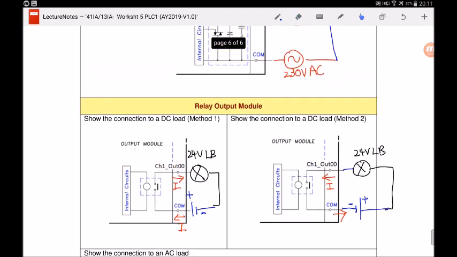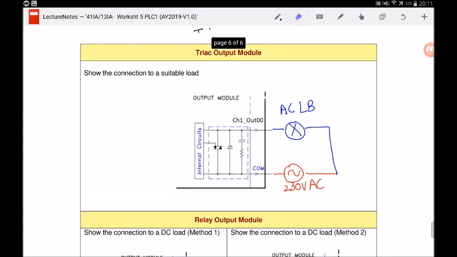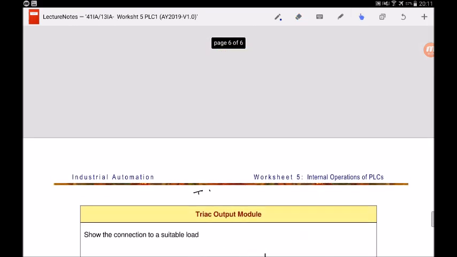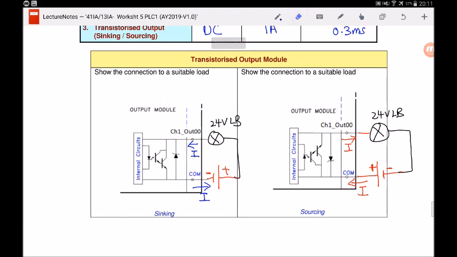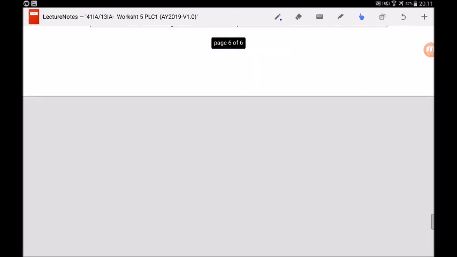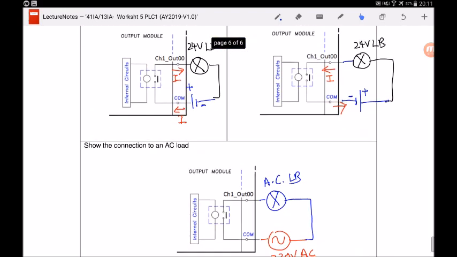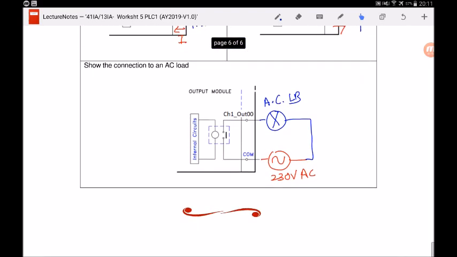Triac only supports an AC load, so you need an AC power source. And finally, transistorized supports only DC. That's why I connect only the DC power source to the DC load. With this, we have completed chapter 1 of the Programmable Logic Controller.